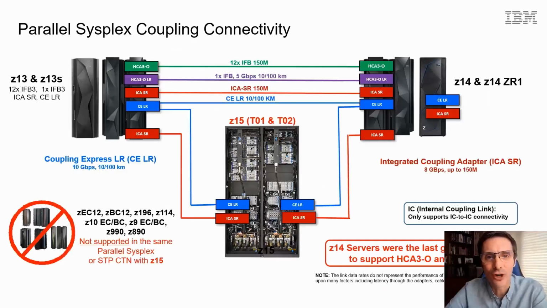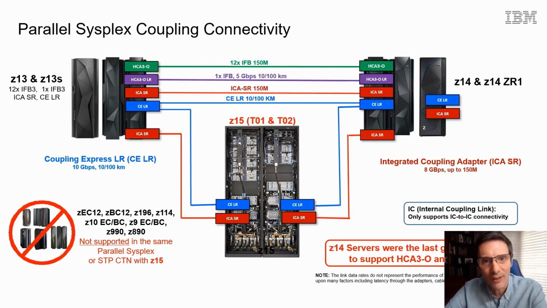I really love this chart because it really illustrates how a Z15 can interoperate and have coupling links between heterogeneous hardware levels in your Sysplex. So let's look first in the middle at the Z15, and this can apply to either a T01 or a T02.